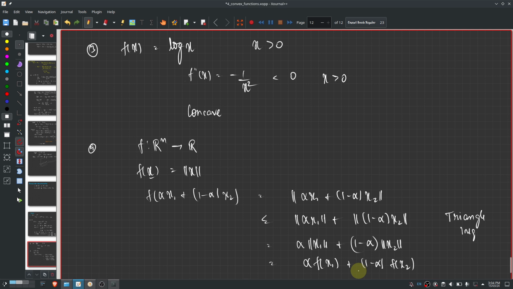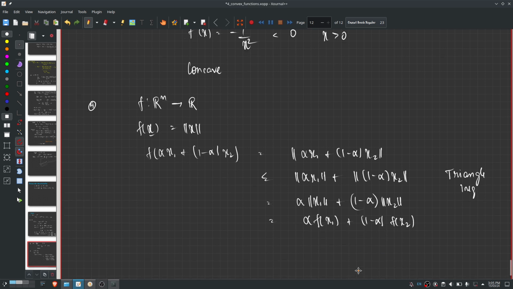Even if you want to prove it for the 2 norm, you would have to compute the Hessian, and you have to show that the Hessian is positive semi-definite. This is a much easier approach. So for functions on R, the second derivative test is very easy. But for general functions on Rn, it's more difficult using the second order test.